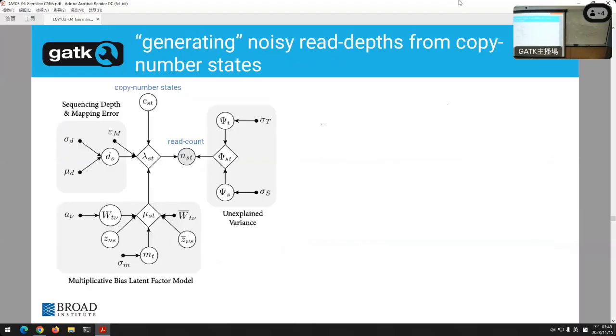This is a graphical representation of the factors that underlie the read count. You can see that if you follow all of the arrows, all of them point to the read count because that's our observation, and everything else is just a factor that influences the read count.